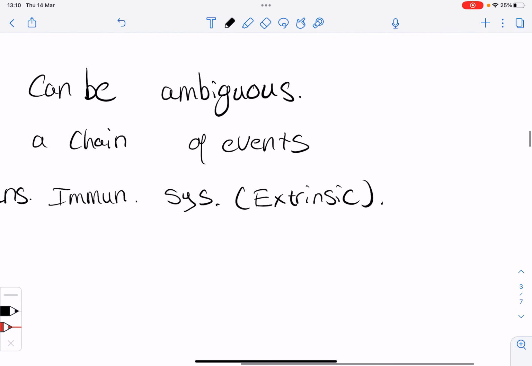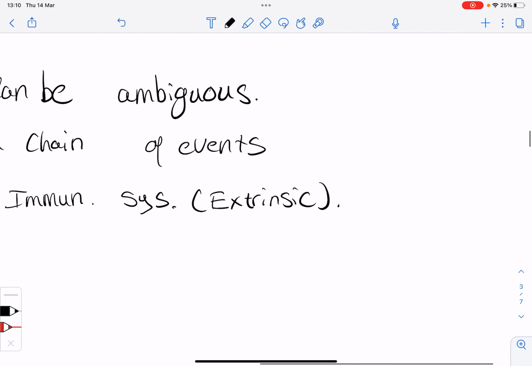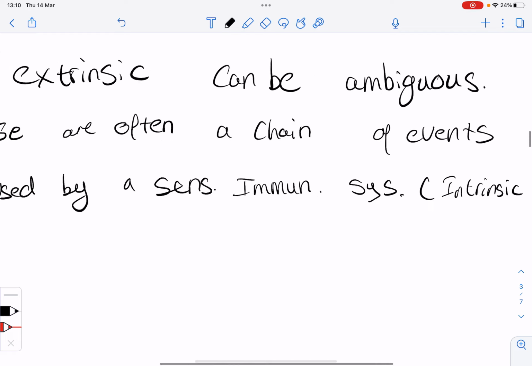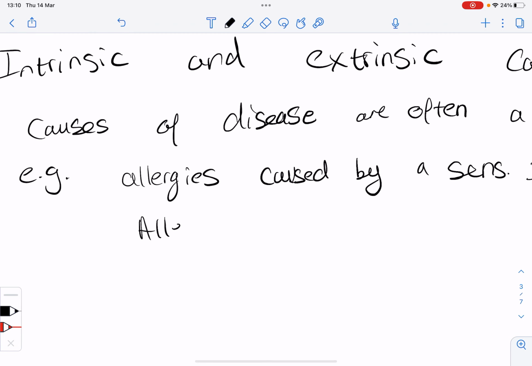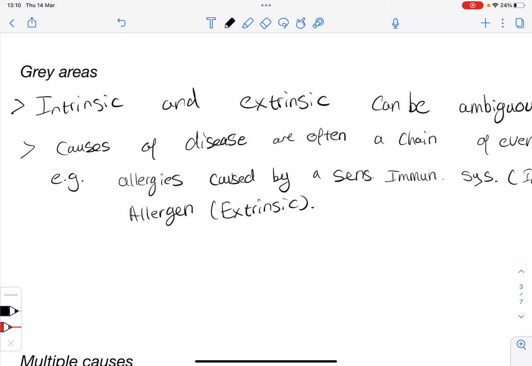The sensitive immune system is intrinsic, because that's your immune system. And the allergen is extrinsic. Intrinsic or extrinsic depends on a viewpoint, i.e. to what cell, tissue, and organ it specifically affects.